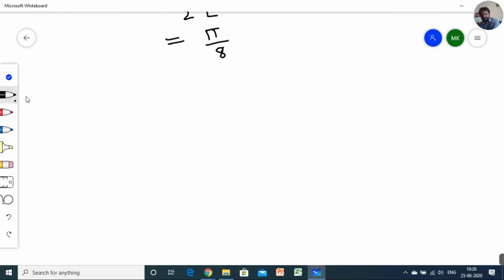So the next numerical which we have to solve here, I think today it will be the second numerical.